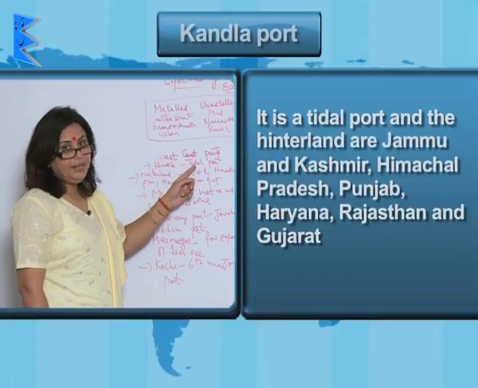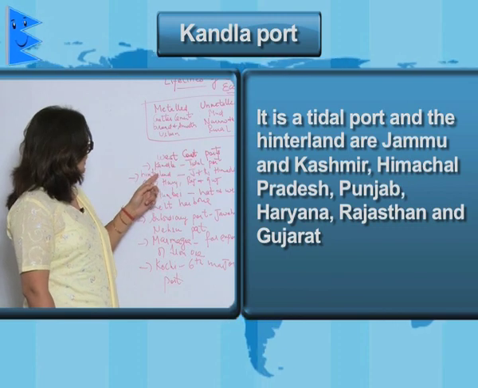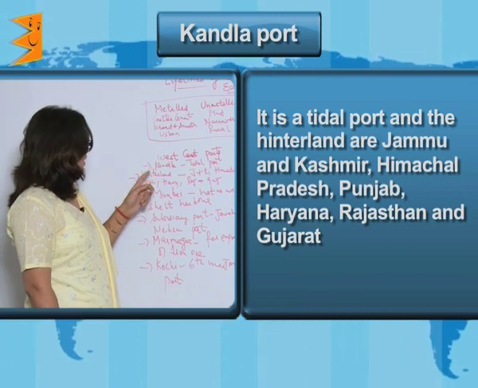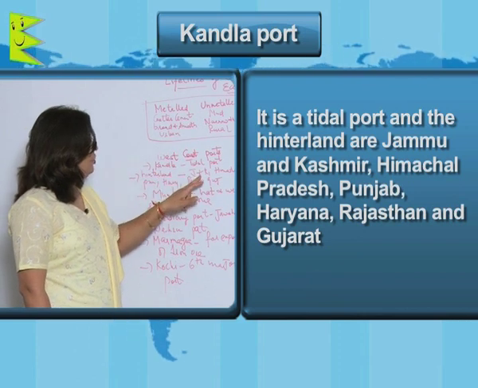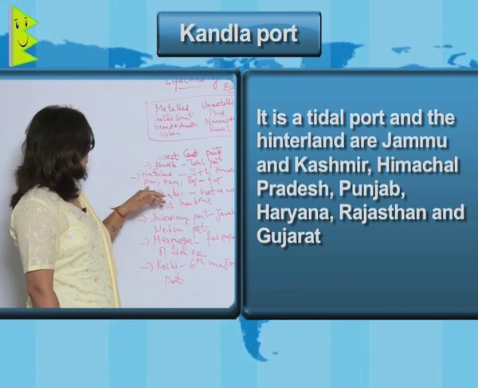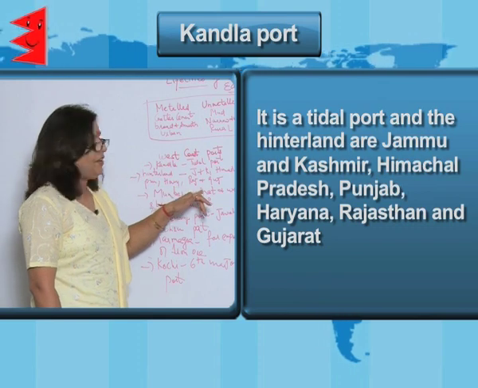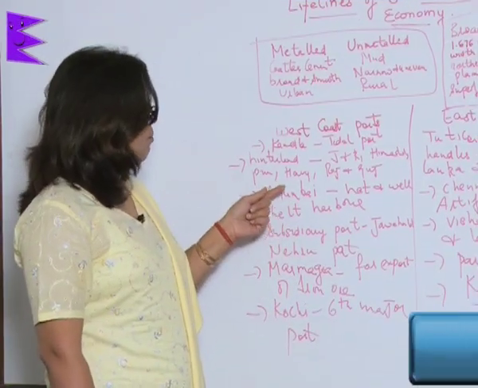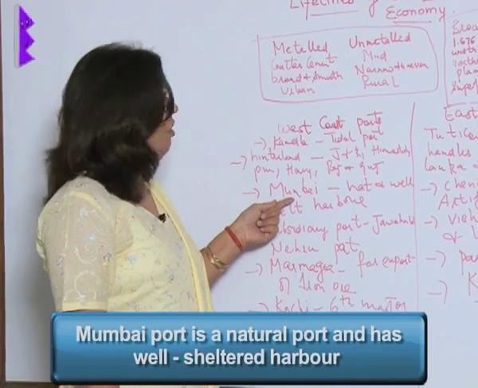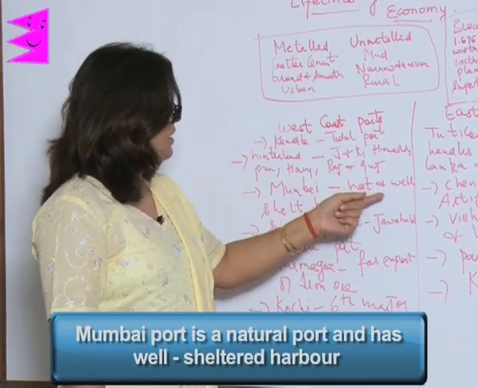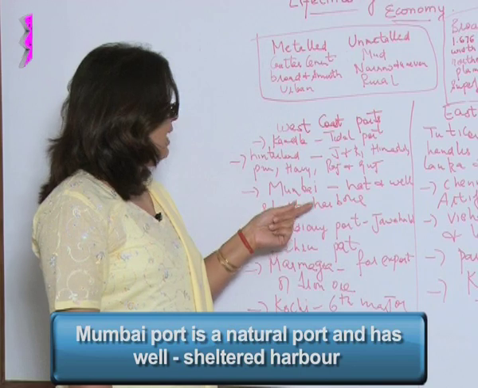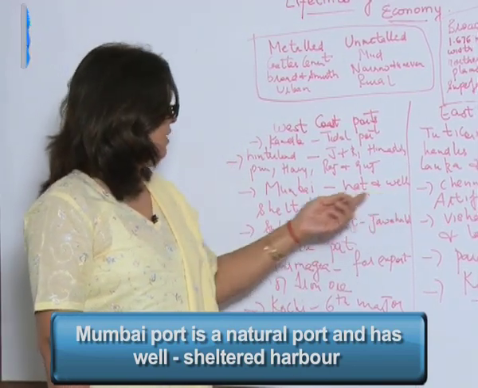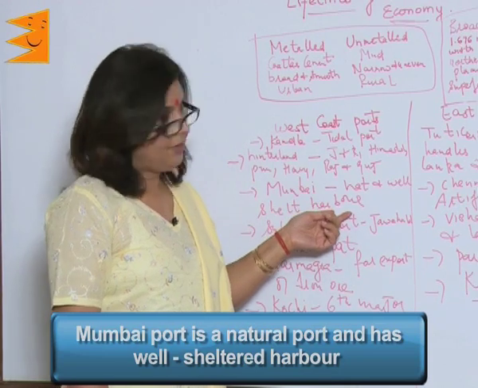This is a tidal port, and its hinterland, I have told you the meaning of hinterland also, is Jammu and Kashmir, Himachal Pradesh, Punjab, Haryana, Rajasthan and Gujarat. Next is Mumbai. The port of the west coast is a natural port and has a well sheltered harbour.